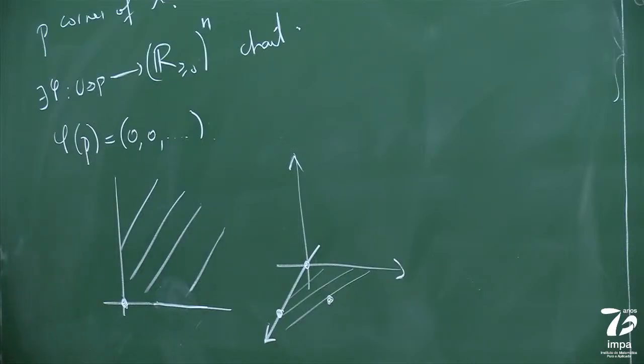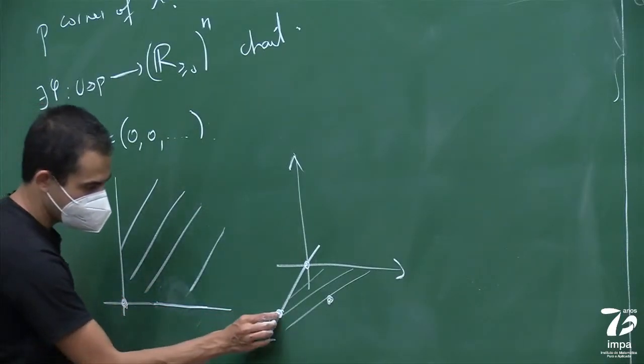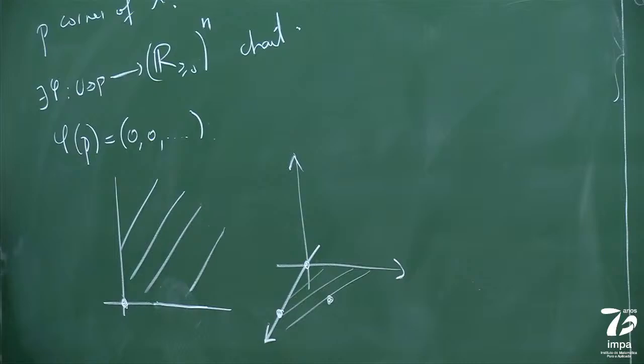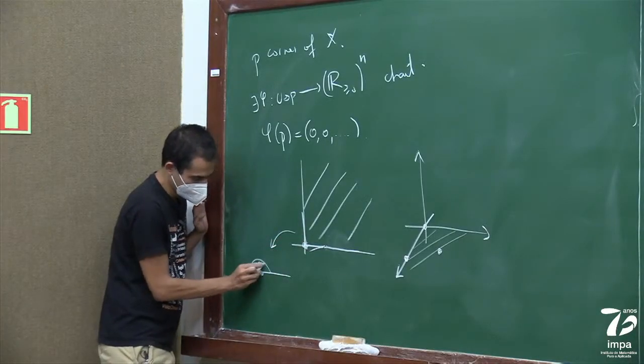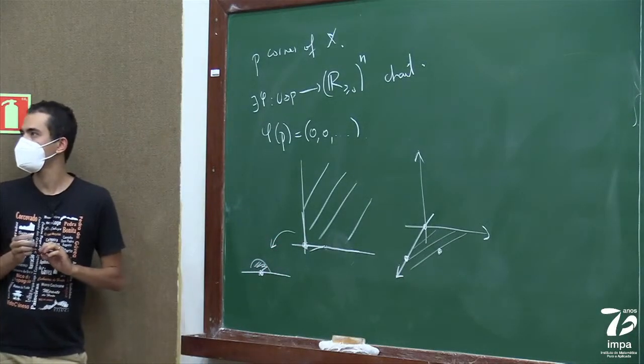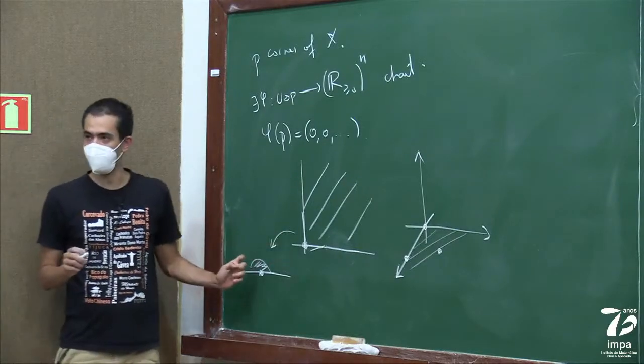But the point is that even if you were here, say, or if you're here, you can smoothen this corner. How do you smoothen this corner? You take every chart that's centered around this corner, and you compose with the homeomorphism that takes this guy to this guy. So there's a homeomorphism here.